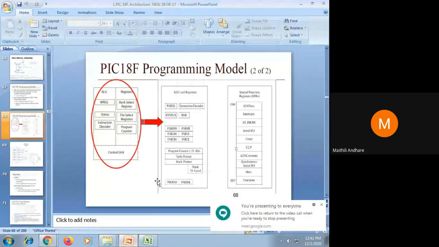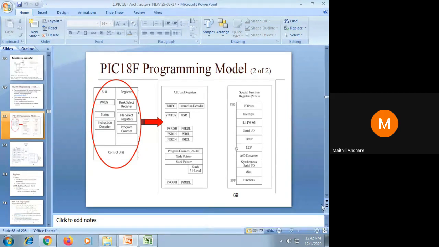So see, all the registers I already explained: ALU, working register, status register, then BSR, FSR, program counter. All these are combined in one sheet. And apart from that, we have seen in 8051 microcontroller some SFRs. What do you mean by SFRs? Special function registers. Special function registers are associated with some special features, some special peripherals.